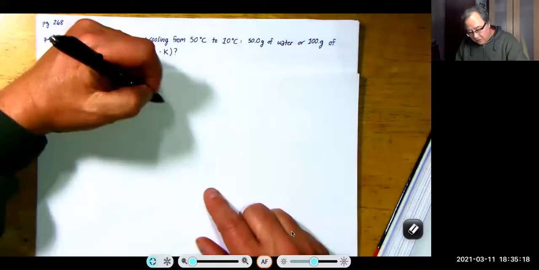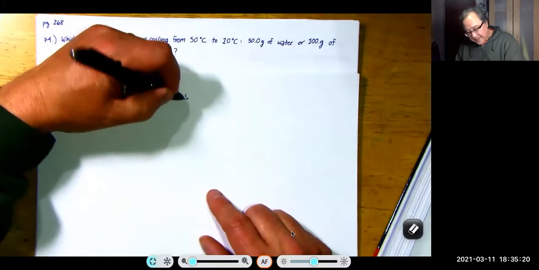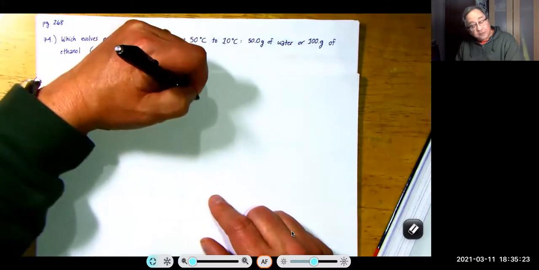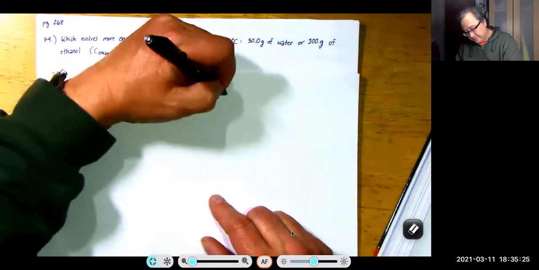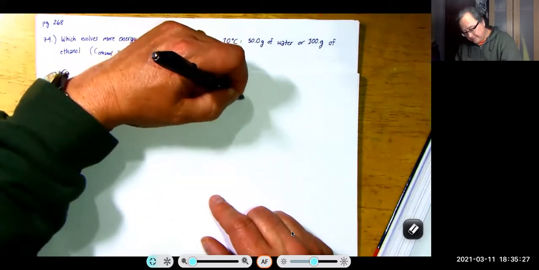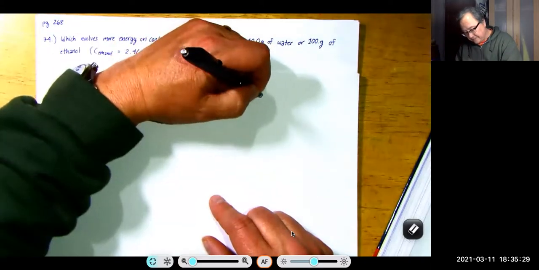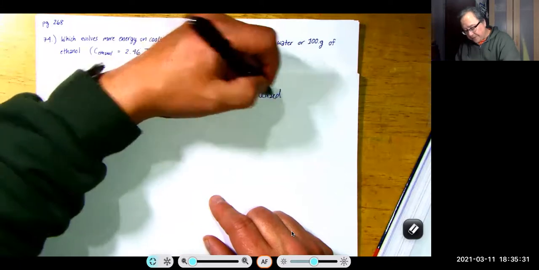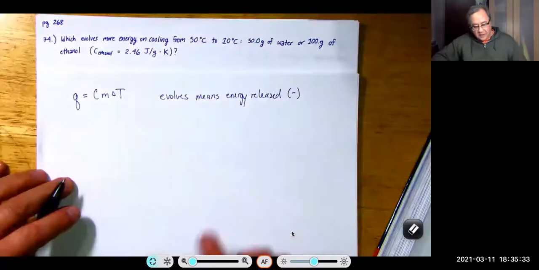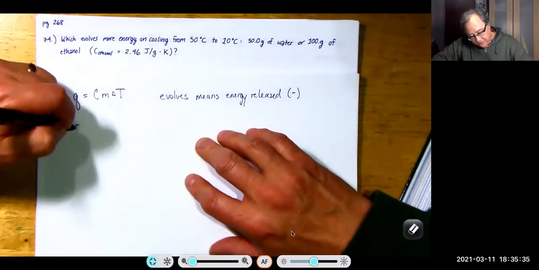Evolves should mean that energy is released, and therefore it should be a negative value. Okay, so let's look at ethanol first.